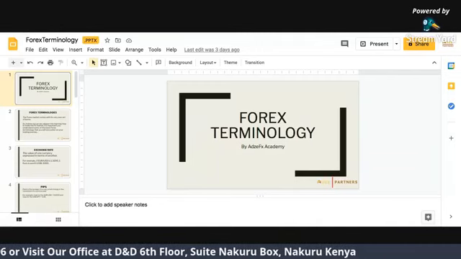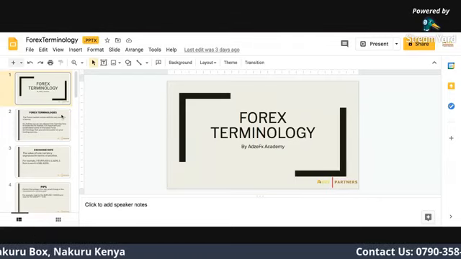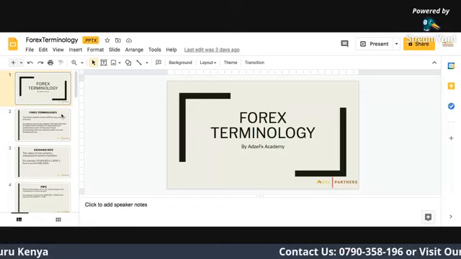These terms are not used only in Forex; they are used even in banks and in shares. So it is very educational. So, Forex terminologies.